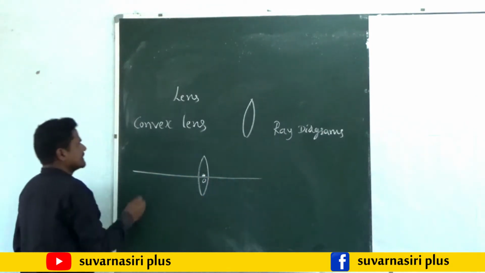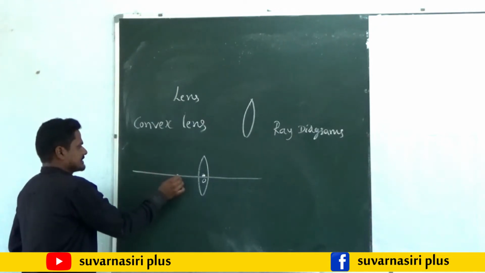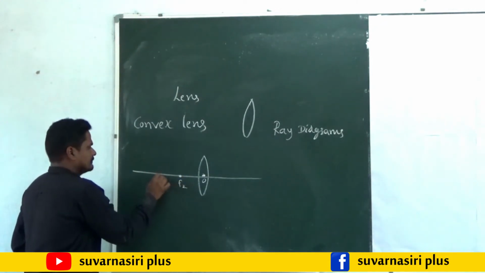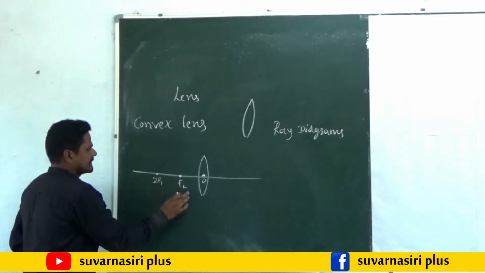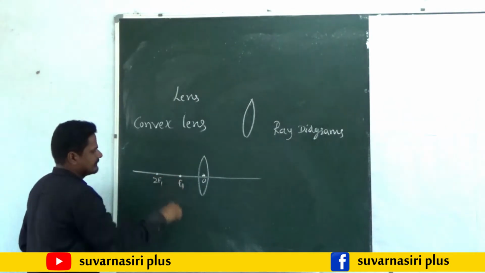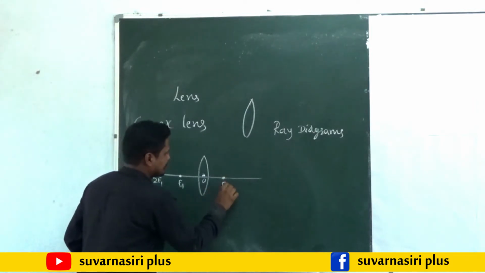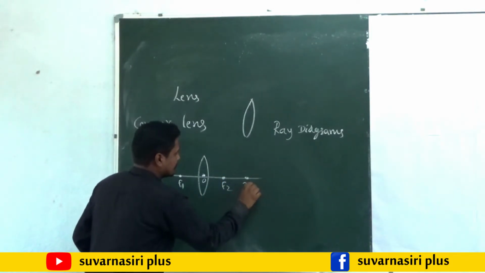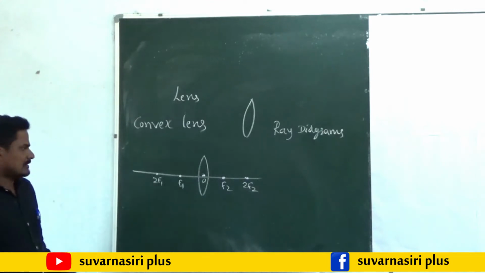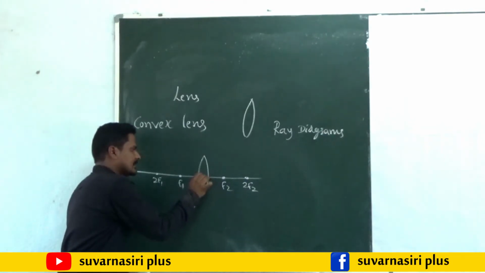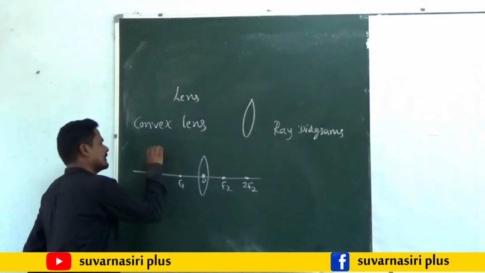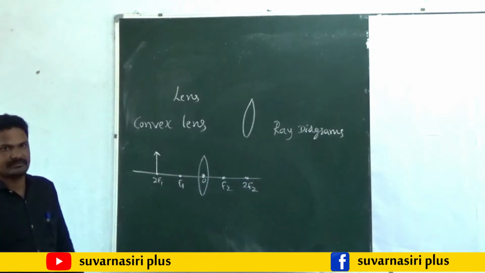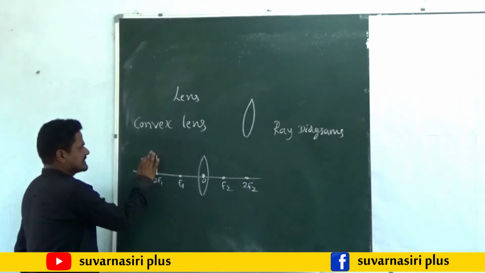If we keep an object on 2F1, where is the image forming?